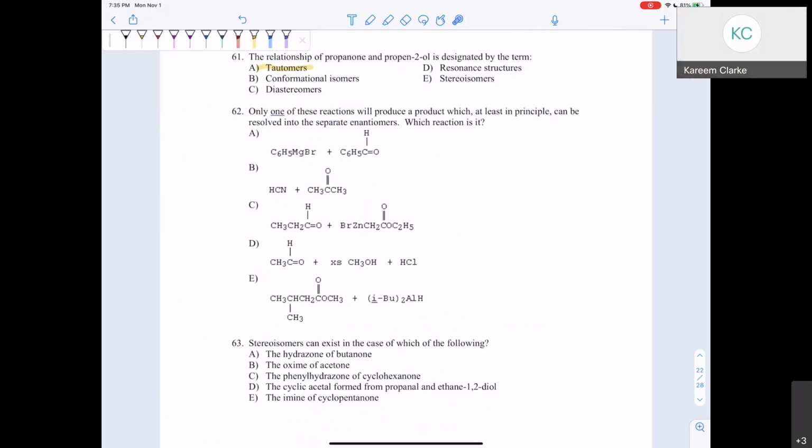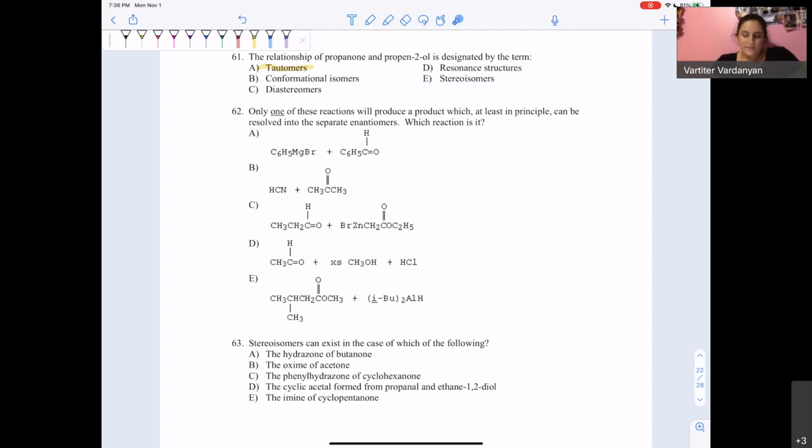I remember you saying the answer to 63 was A, like in a previous session with Lauren, right? Yes. Okay. Yeah, because that's the only one that's not symmetrical. Only one of these reactions will produce a product which... Actually, at least this one, you don't need to know how to do this or really this. So it's not a great question, but if you just want to do A and D for practice, that's fine.